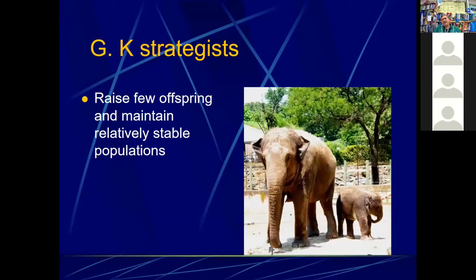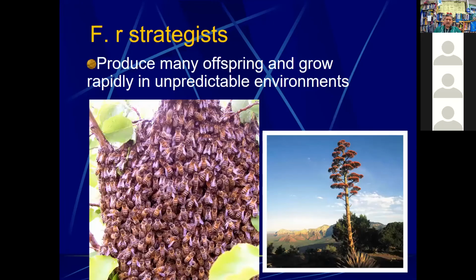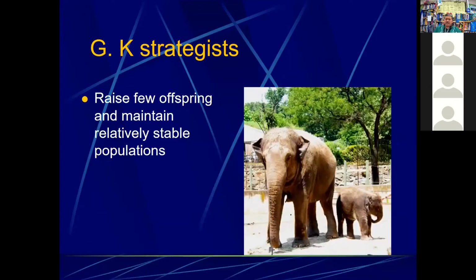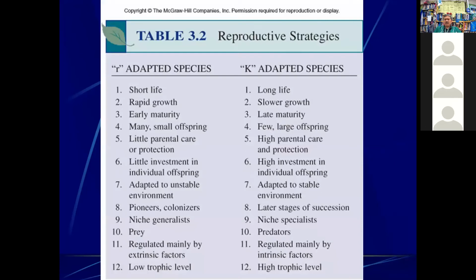We, on the other hand, are K strategists. We raise few offspring and take care of them and maintain relatively stable populations. And the letters r and K have to do with the formula that we just saw earlier. Here are some other characteristics of r species versus K species. K species have a longer lifespan, for example, while there is little parental care in a bee, as I was saying.